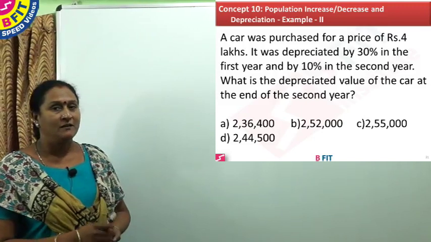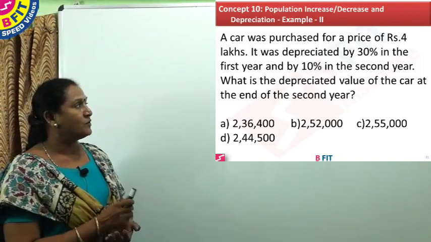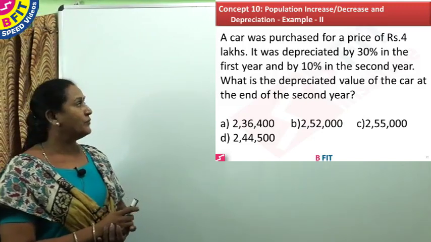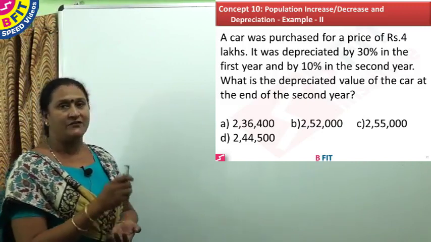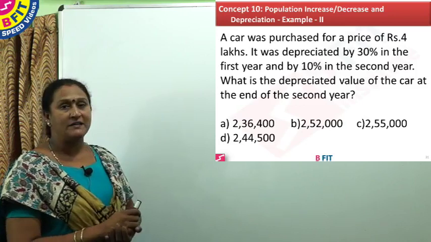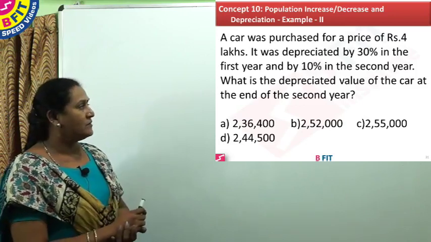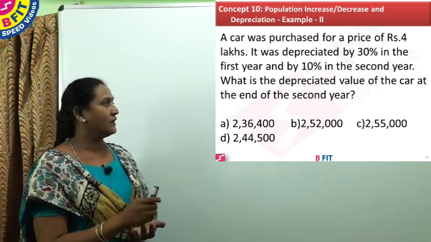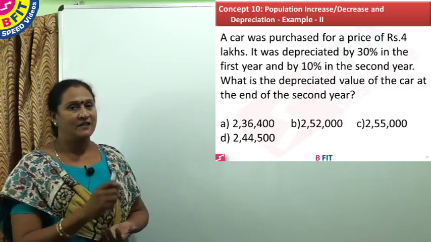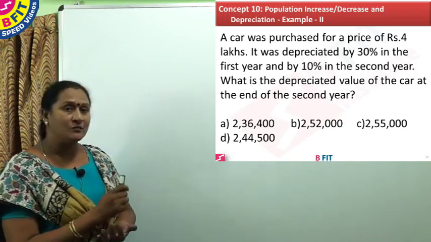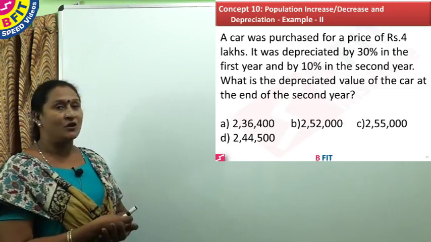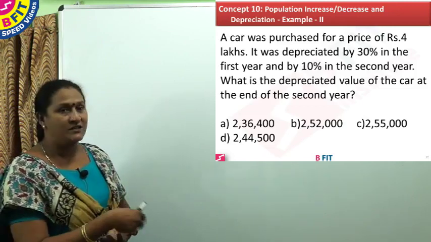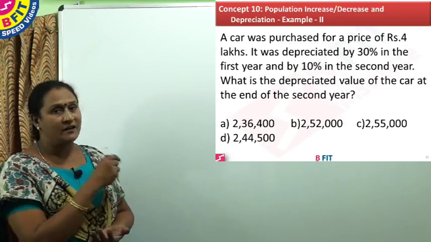Here, the question is: a car was purchased for a price of rupees 4 lakhs. It was depreciated by 30% in the first year and by 10% in the second year. What is the depreciated value of the car at the end of the second year? It was bought for 4 lakhs and every year, because of wear and tear, depreciation occurs and the depreciation rate is given here.